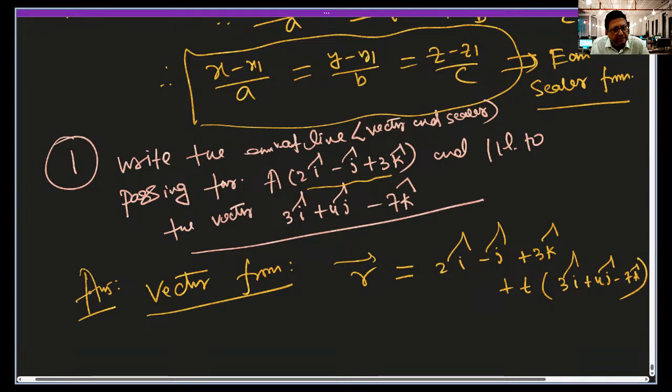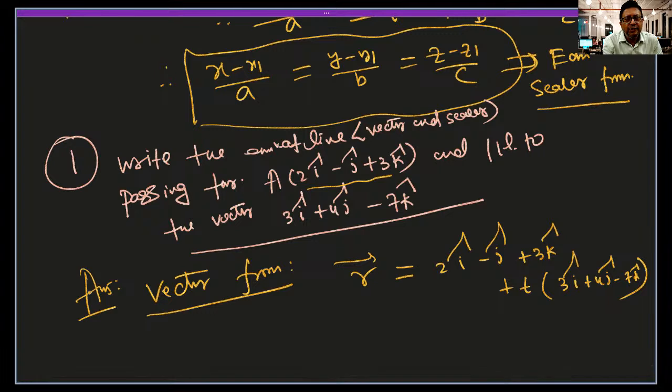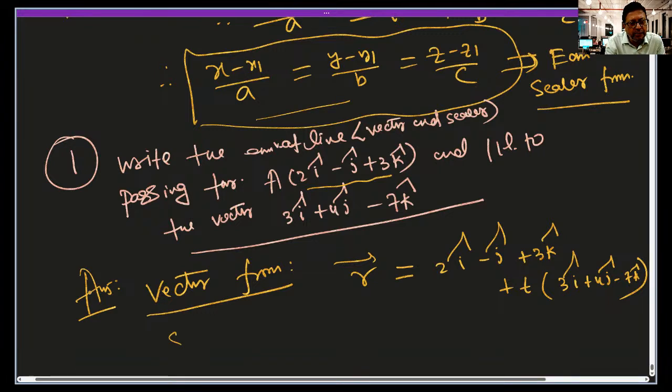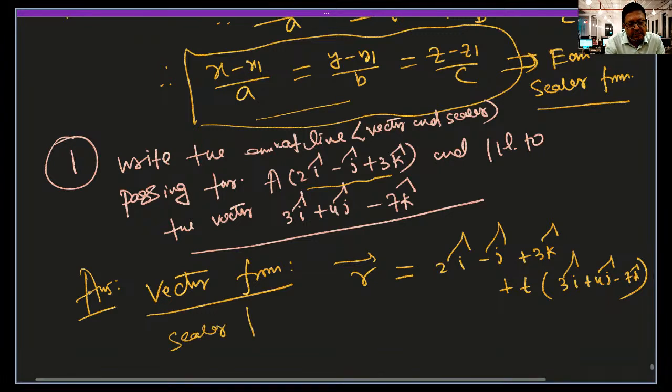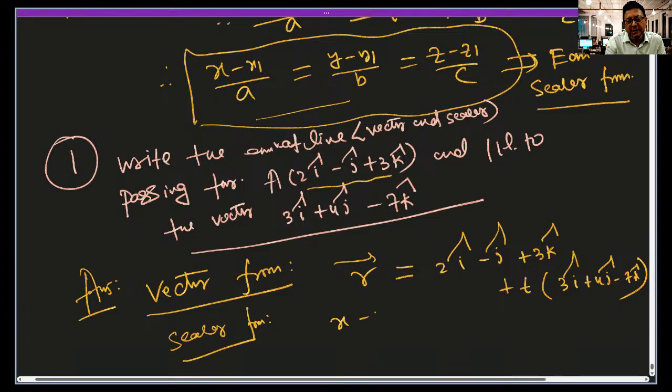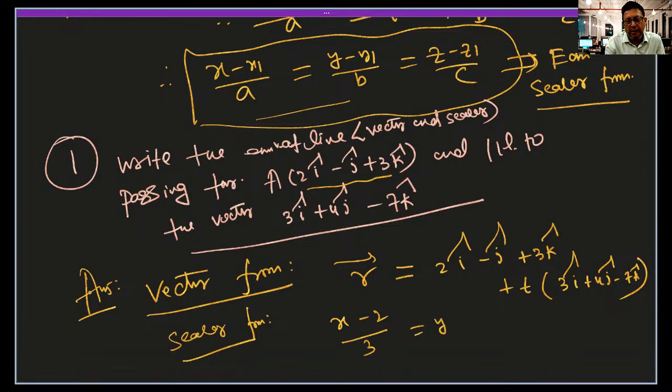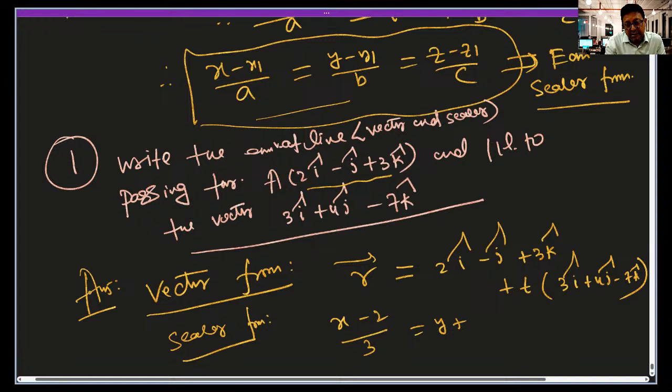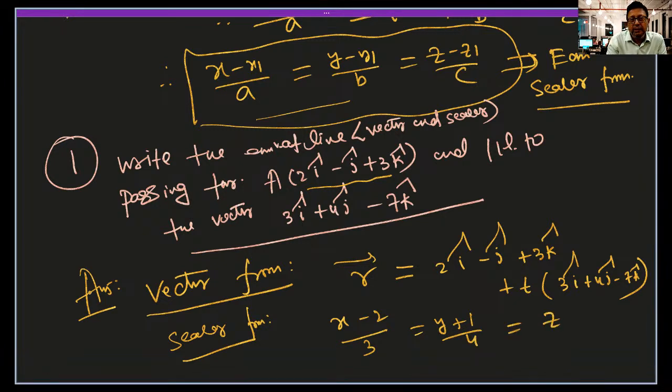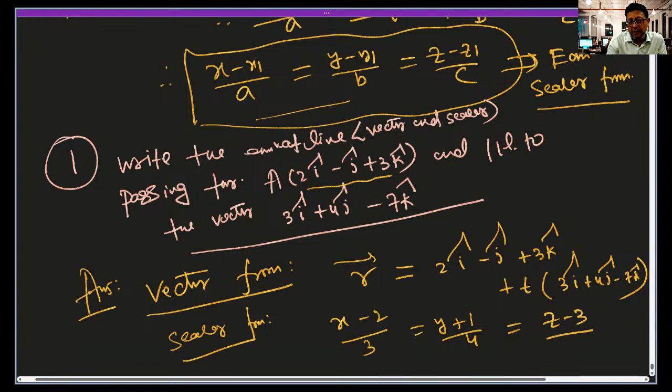Alright, done? Yes. And this is quite obvious. This is vector form, scalar form we write: x minus x1 by A, y minus y1 by B. Clear?